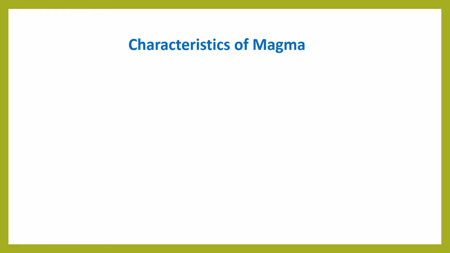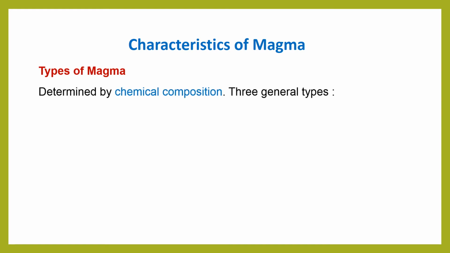So we need to know the characteristics of magma first, and to do that we need to know the types of magma. To classify the types of magma, it is important to know the chemical composition, because this is the factor based on which the magma is divided into the following types.